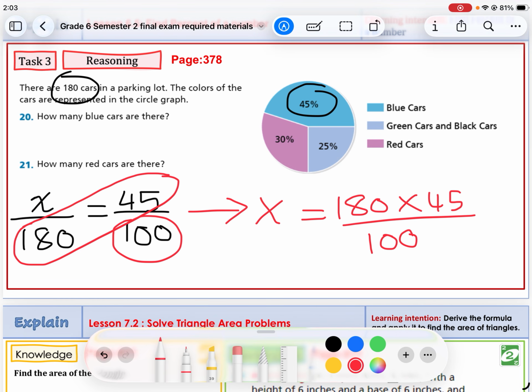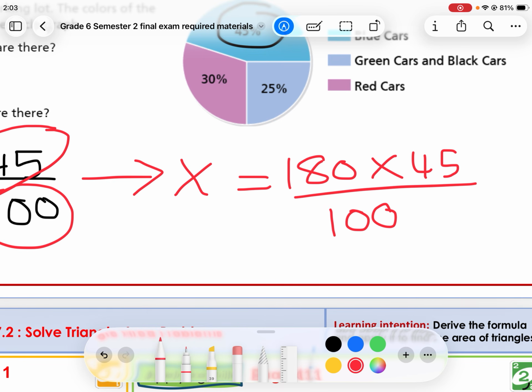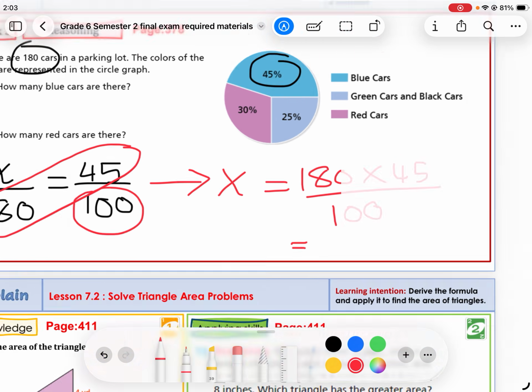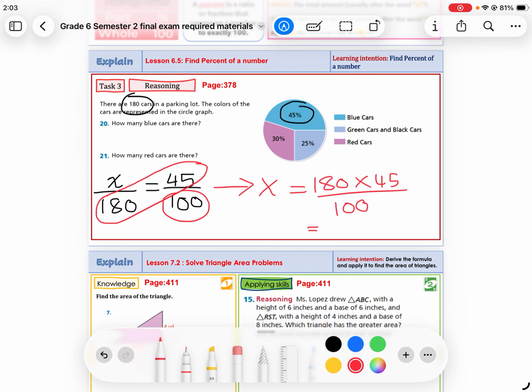The zero, you can just copy and paste it in the answer. Just multiply 18 times 45, and the answer will be 810. And then you copy the zero, so it's going to be 8,100. And then you will divide by 100.